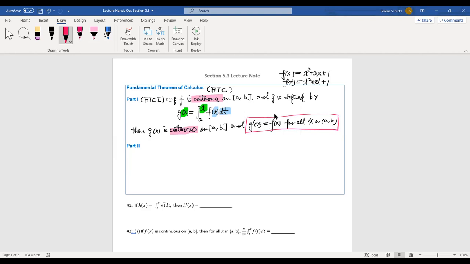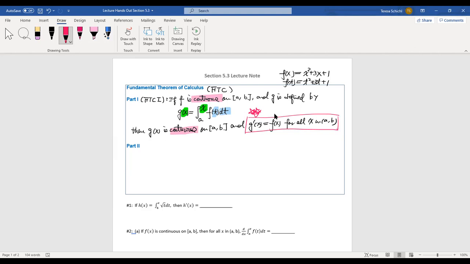You see that? This is a very, very important result, because sometimes it may be very difficult to take the integration. Then you use the fundamental theorem if you want to take the derivative. It basically tells you that the derivative and integration cancel each other out.